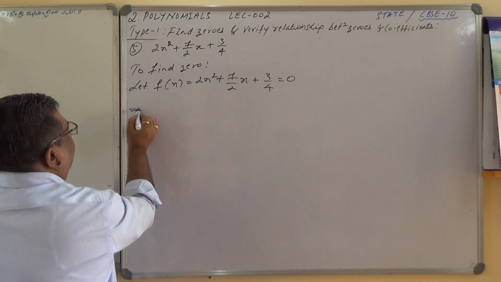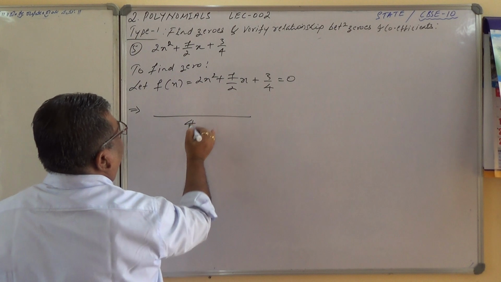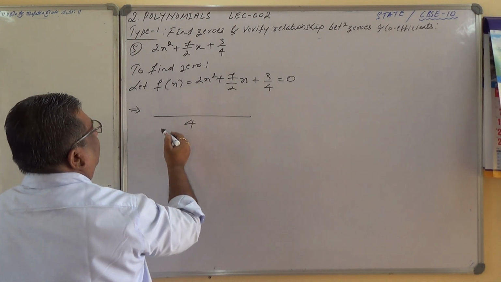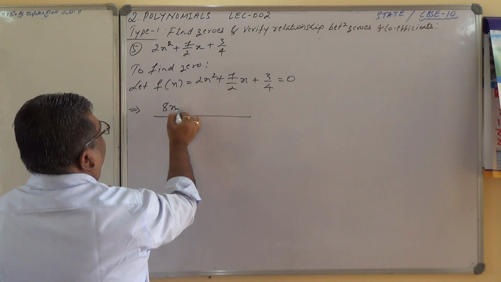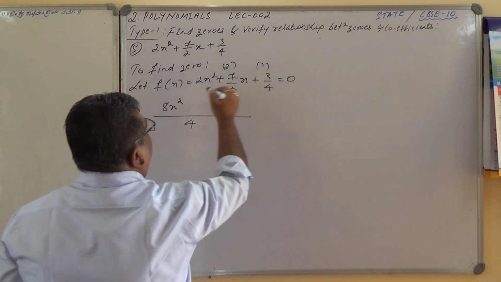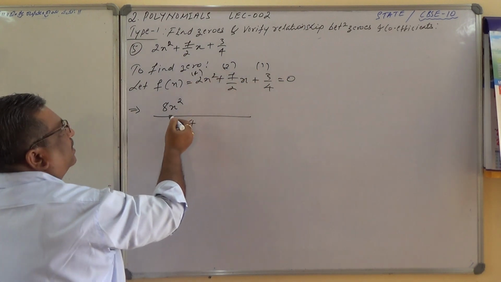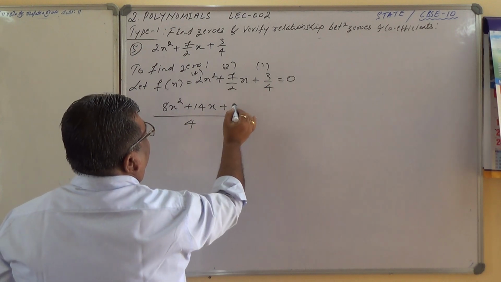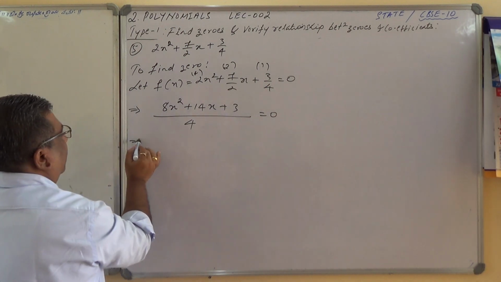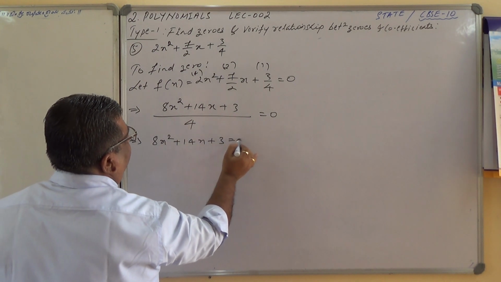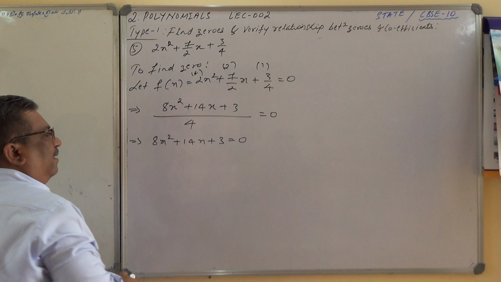Implies, what is the LCM over here? 2 here, which is equal to 4. 4 is the LCM, and this is 4 1s are 4, 4 2s are 8x square, 2 7s are 14x, 4 3s are... this is 3. So 8x square plus 14x plus 3 equals 0, because 4 goes to that side and it becomes 0.